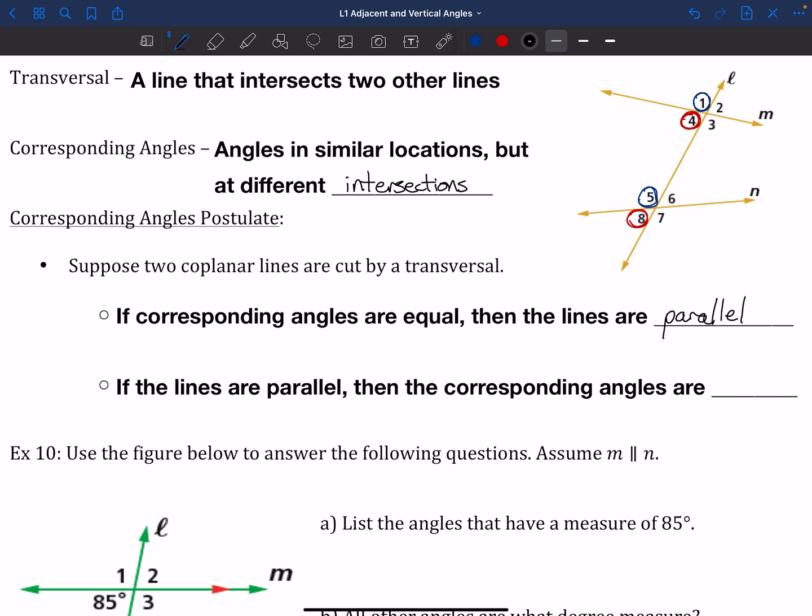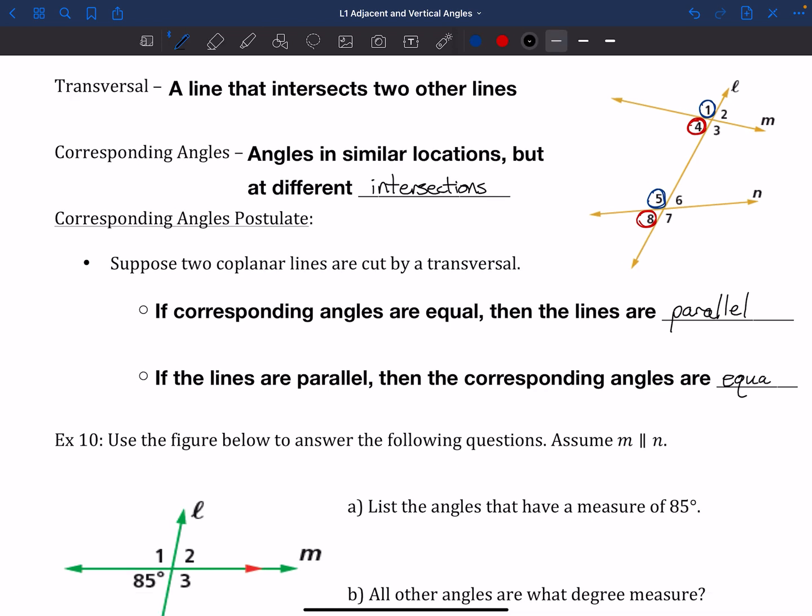Same thing, it just kind of said backwards. If the lines are parallel, like if we knew that lines M and N up here were parallel, then the corresponding angles are equal. So again, they say the same thing, just backwards from each other, and that's okay. Some of these postulates and theorems will do that, but it's good because then it works in either direction.